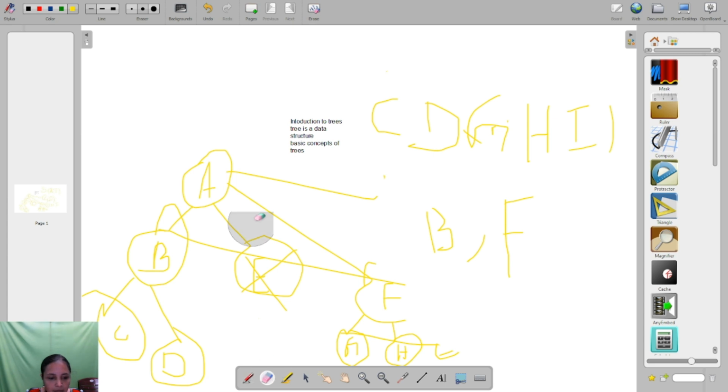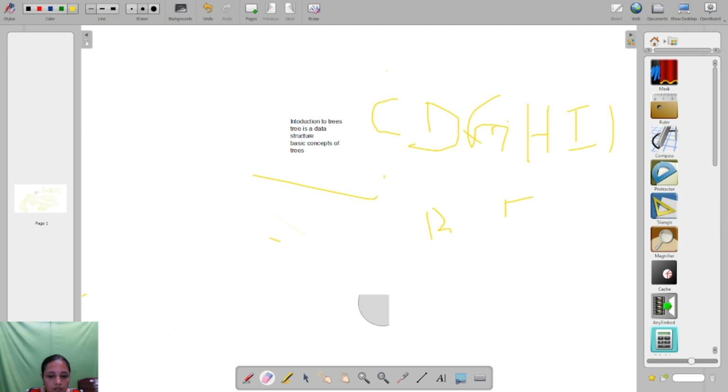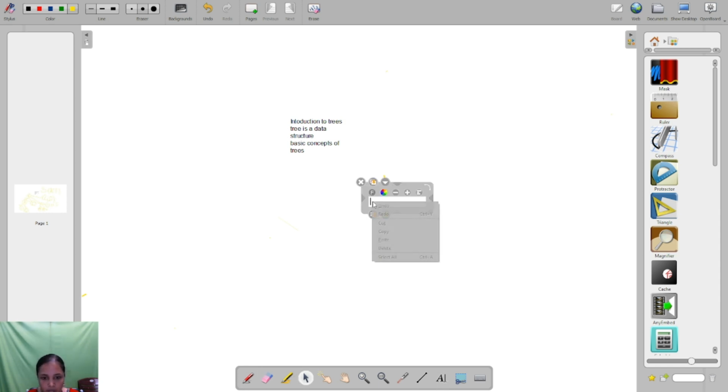The next concept is binary trees. Here we are going to see what a binary tree is and what the difference is between a normal tree and a binary tree.